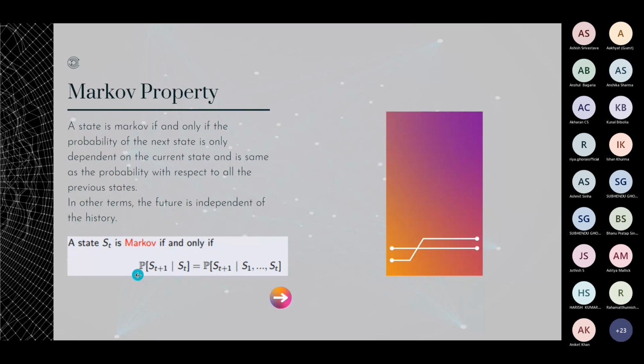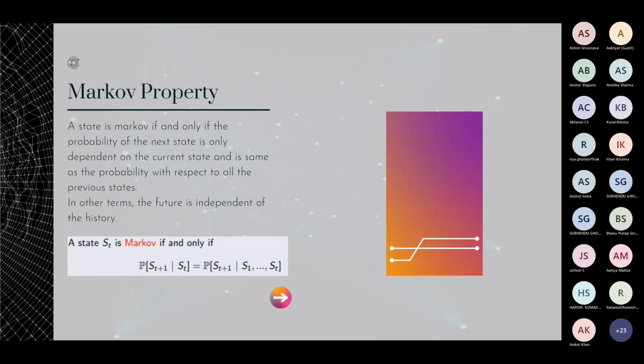You can see it in this final equation: the probability of the future state is only a function of the current state, and it is the same as the probability of the future state with respect to all the states that you have seen. So this is the basic Markov property.